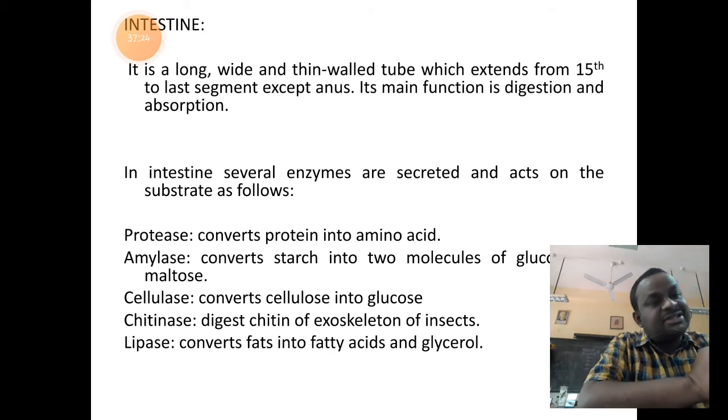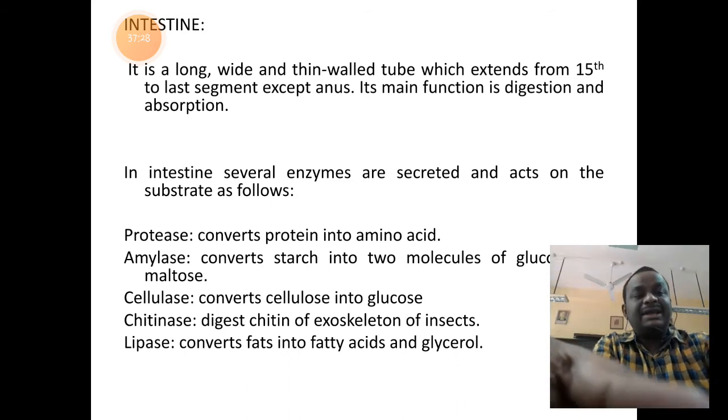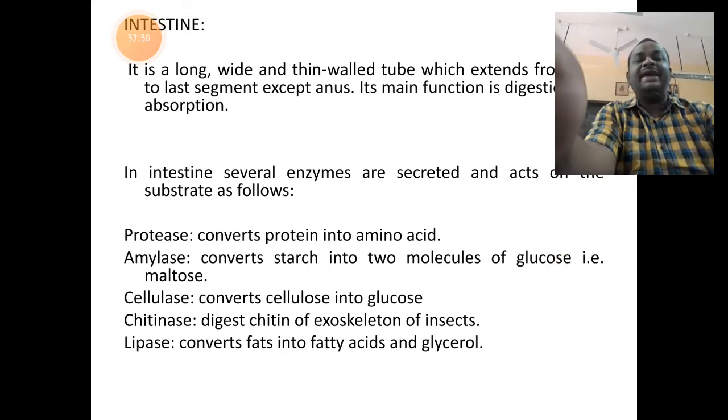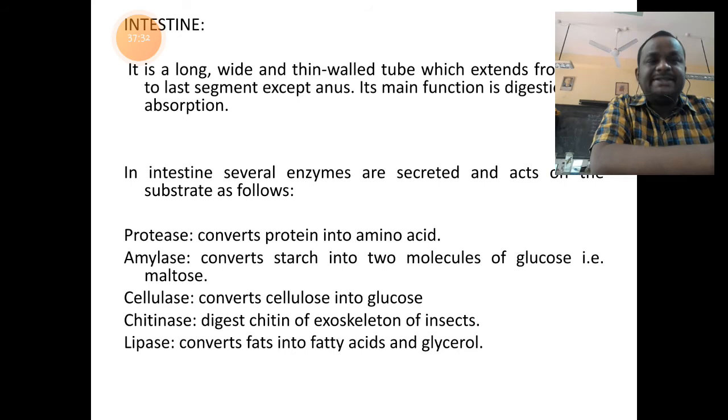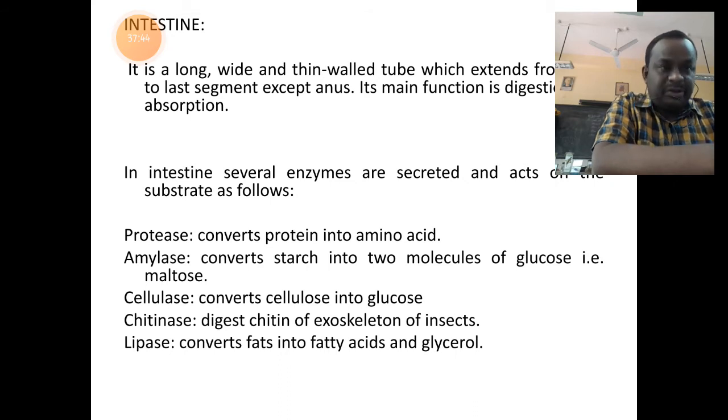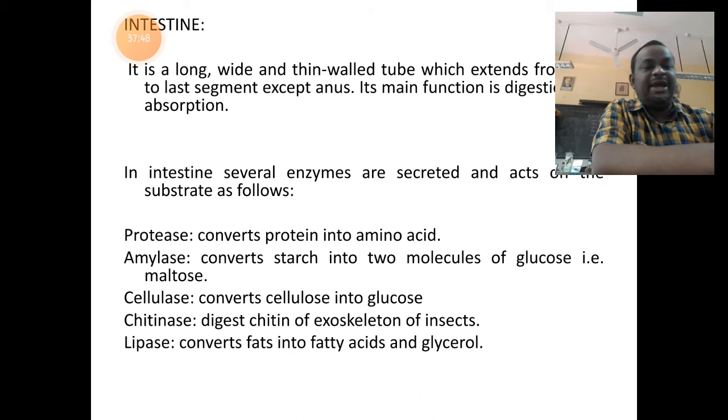Number one, digestion as well as absorption. The digestion process is brought about by enzymes such as proteases, which are responsible for conversion of proteins into amino acids. They also secrete amylases, which will convert the starch molecules into glucose or maltose molecules. So, carbohydrate digestion takes place by amylase.